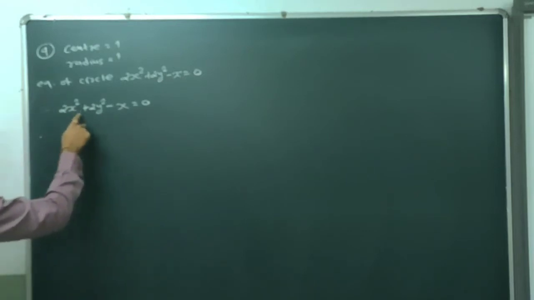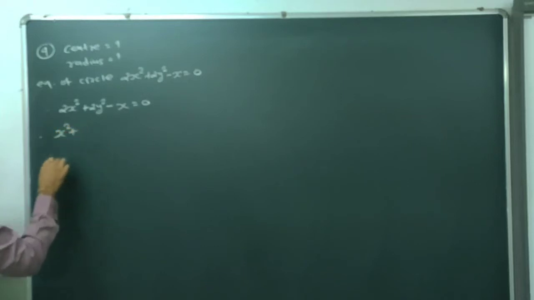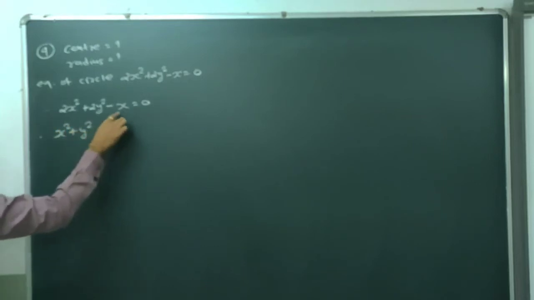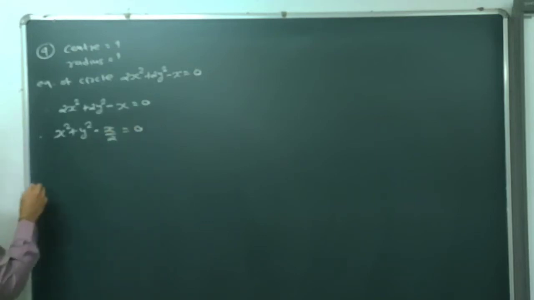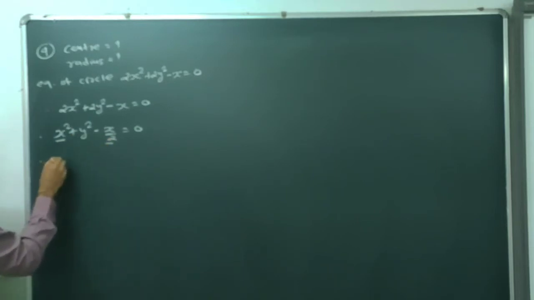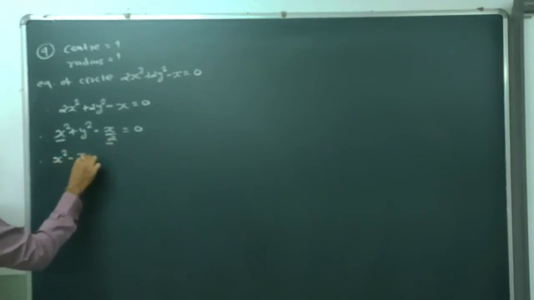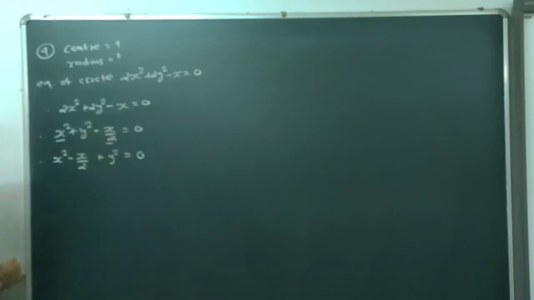So for that we have to divide this equation by 2. So it will be x square plus y square minus x by 2 equal to 0. Now rearranging the terms, taking the x square and x by 2 terms together: x square minus x by 2 plus y square equal to 0.